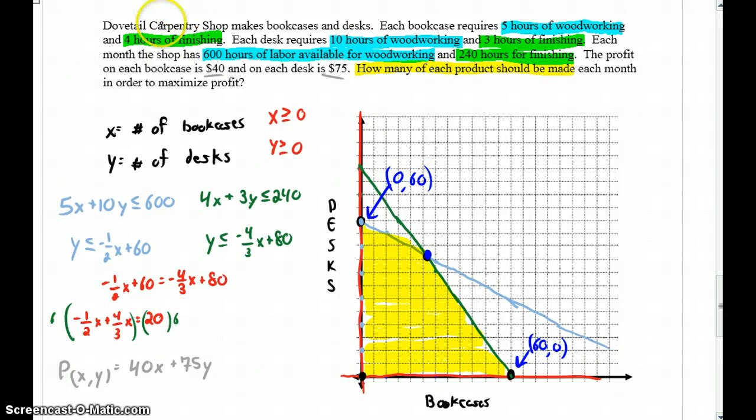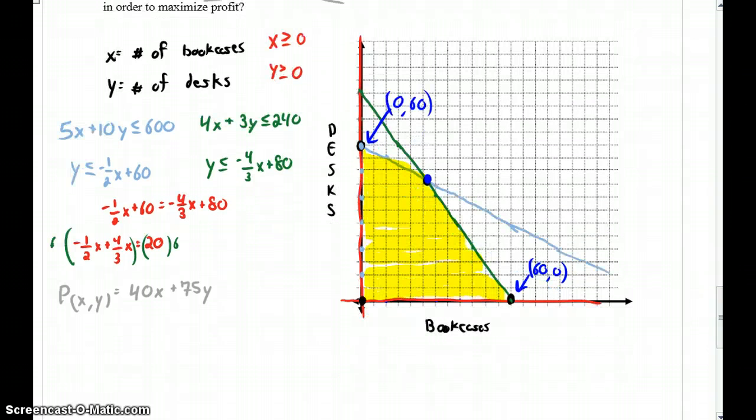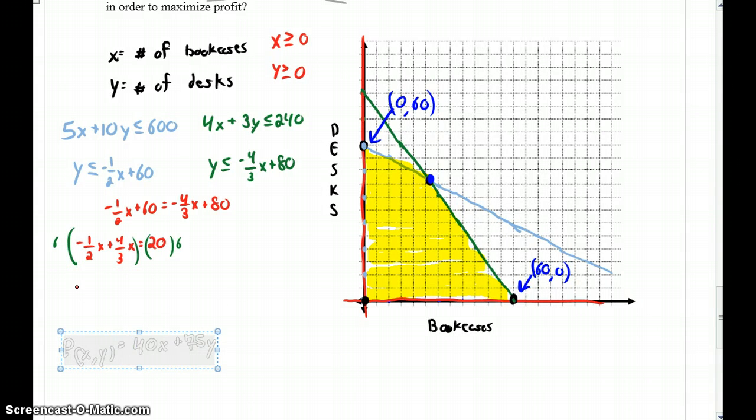So I have negative 3x plus 8x equals 20 times 6, which is 120. So 5x equals 120. x equals 24.